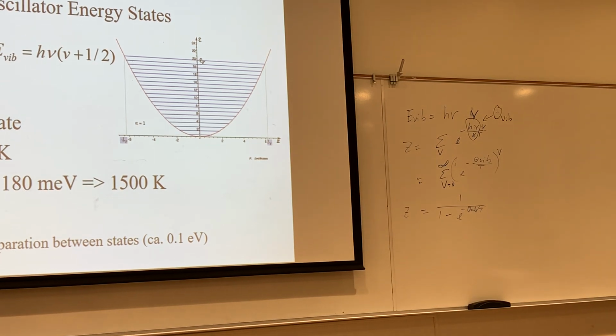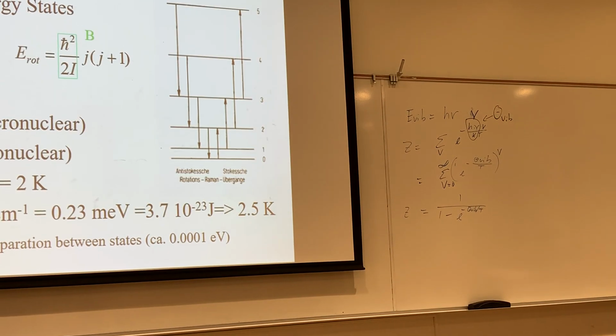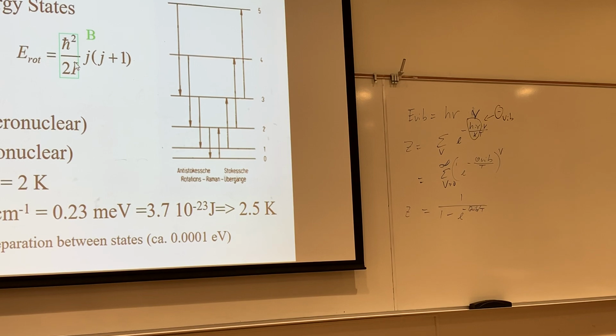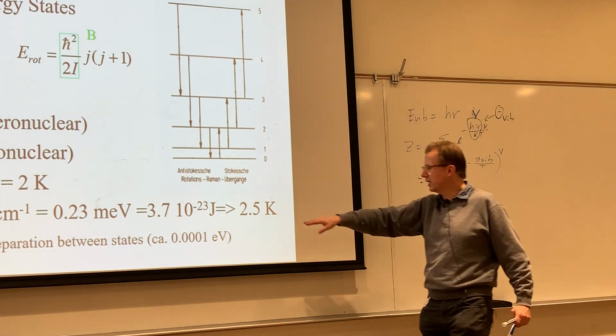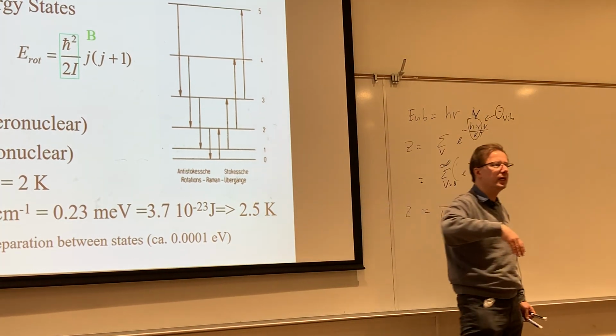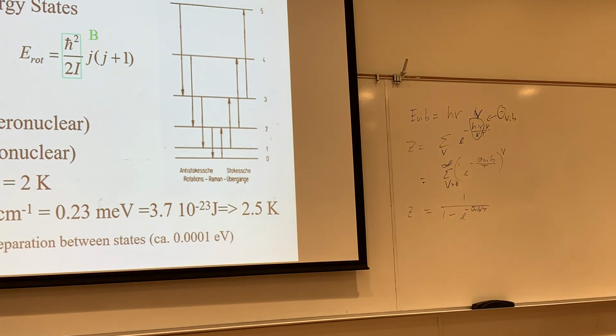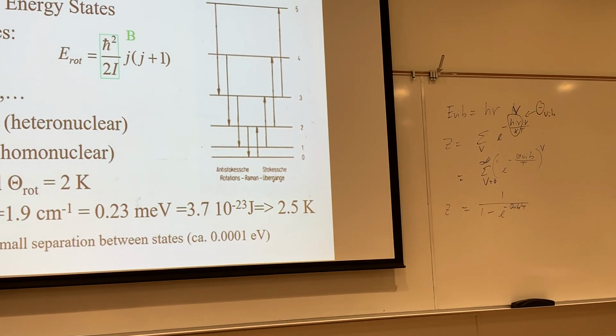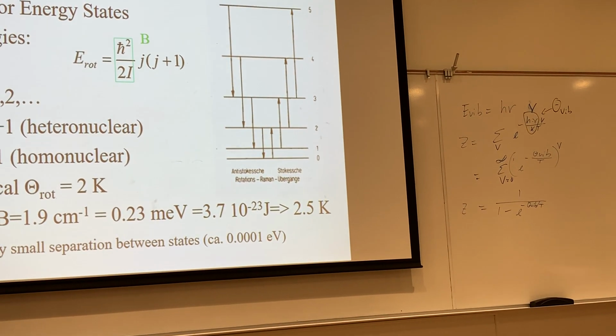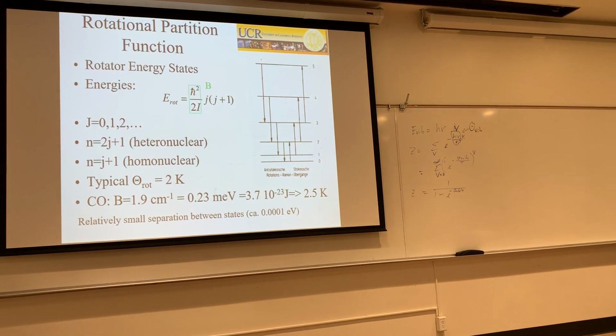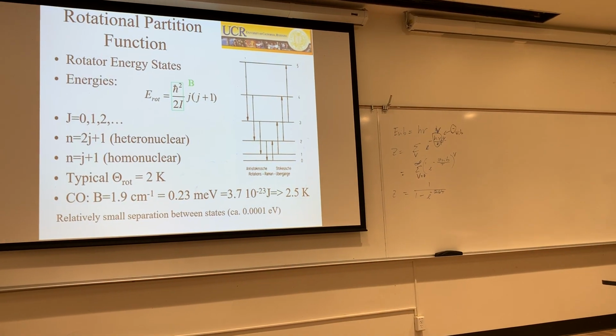There's a difference to what we did in rotation. In rotation, we had sums, and then we made an approximation and said, oh, the spacing is so close to each other, our characteristic temperature for the rotation was on the order of 2 Kelvin, so we can put them close together and then convert to an integral. That was an approximation. That was not reality.